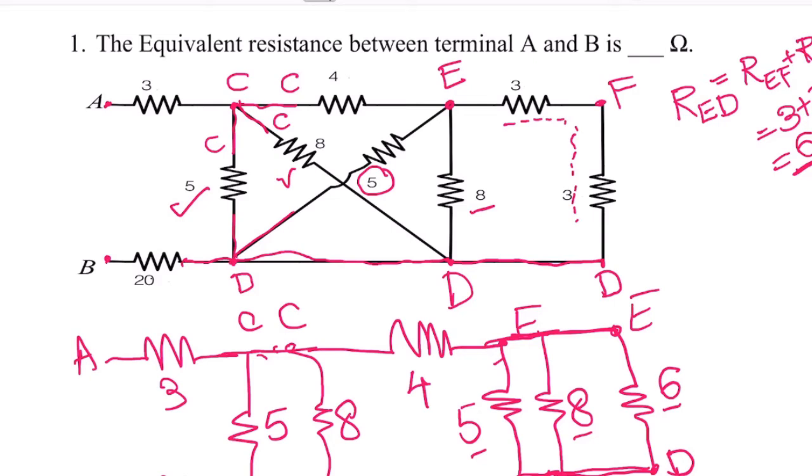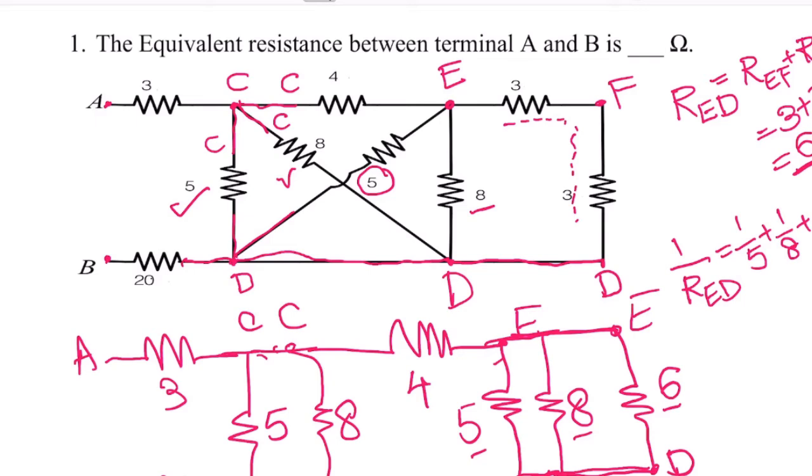1 by R equivalent is equal to 1 by R1 plus 1 by R2 plus 1 by R3. In a similar way, RED is equal to 1 by 5 plus 1 by 8 plus 1 by 6.